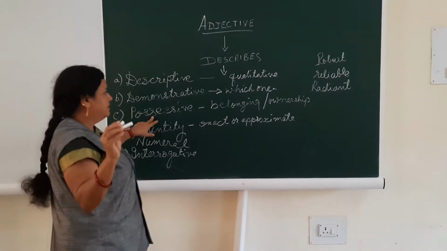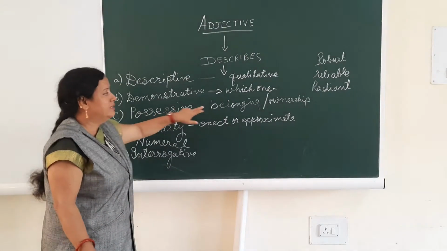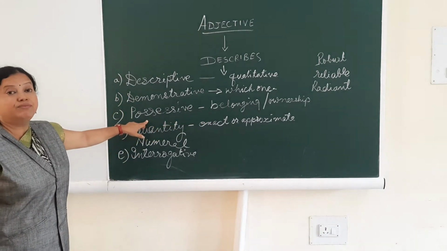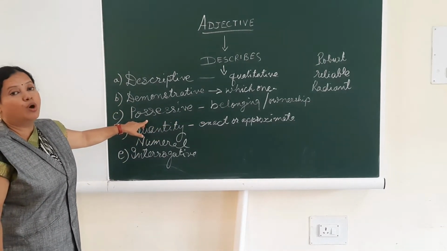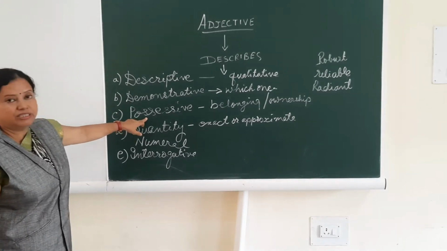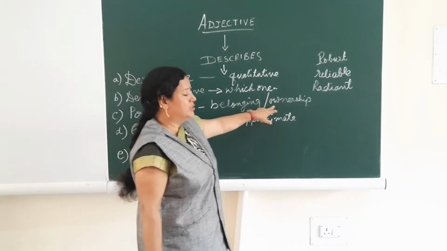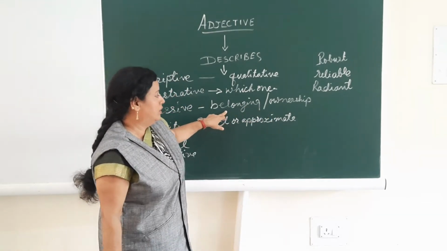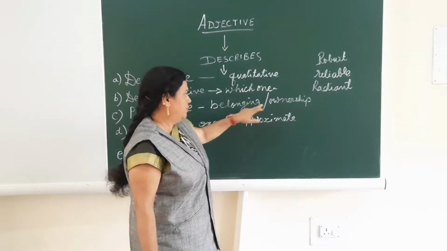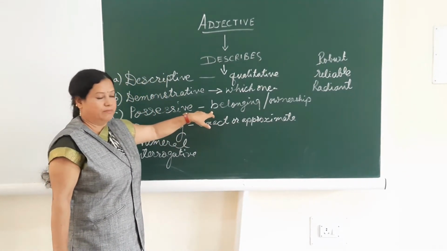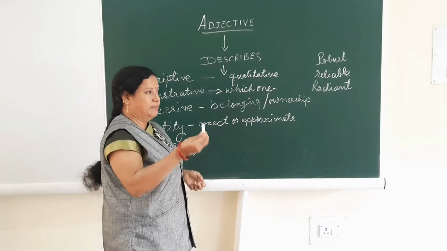Okay. Possessive adjective. It is showing the belonging. Possessive adjective means that we possess something, we belong to something. So possessive adjectives are showing belonging or ownership. Again, I am having this chalk.